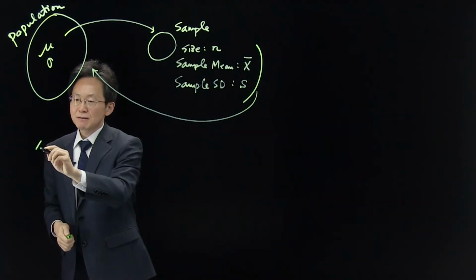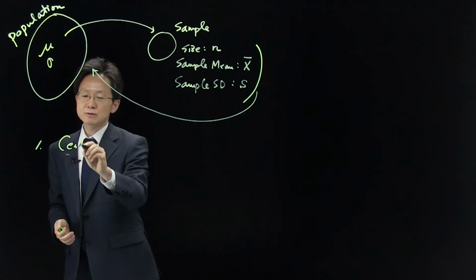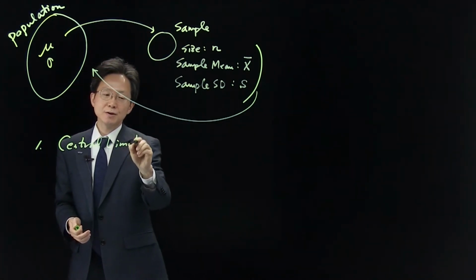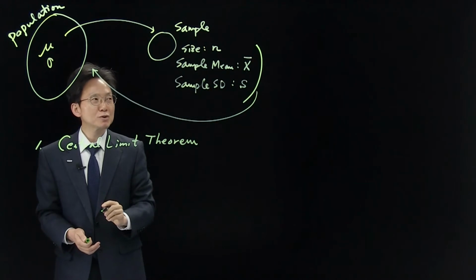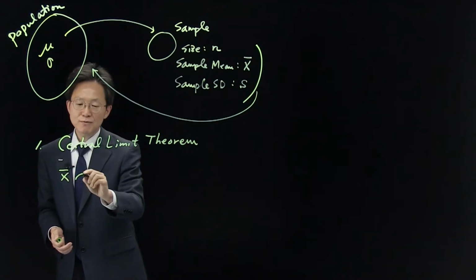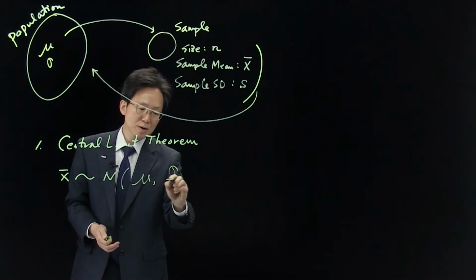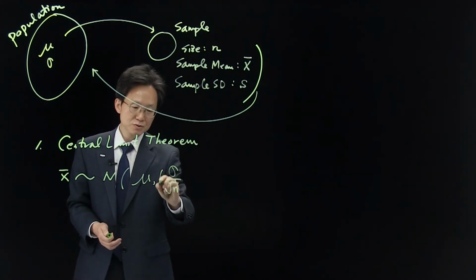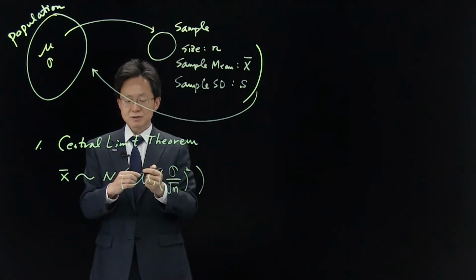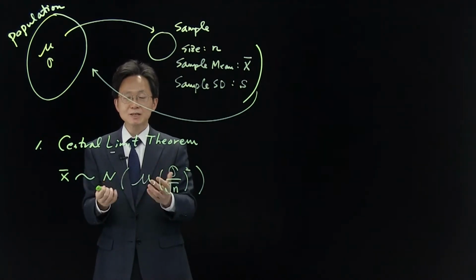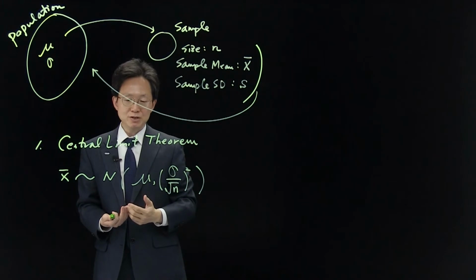But there is a very interesting theorem, which we already know, which is the central limit theorem. Thanks to this theorem, we know that x bar follows the normal distribution with mu and sigma over root n. This is a very nice theorem, which enables us to use a sample to make some inference about the population.